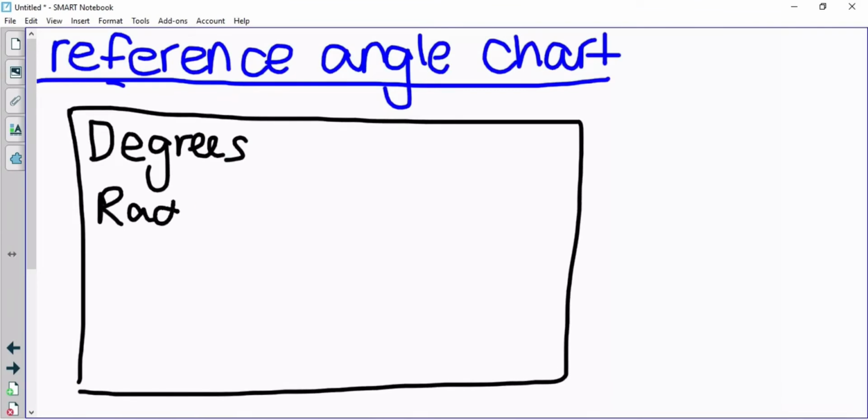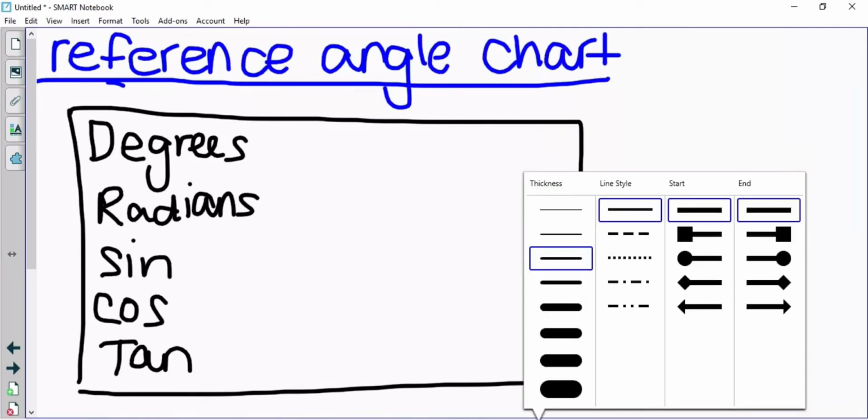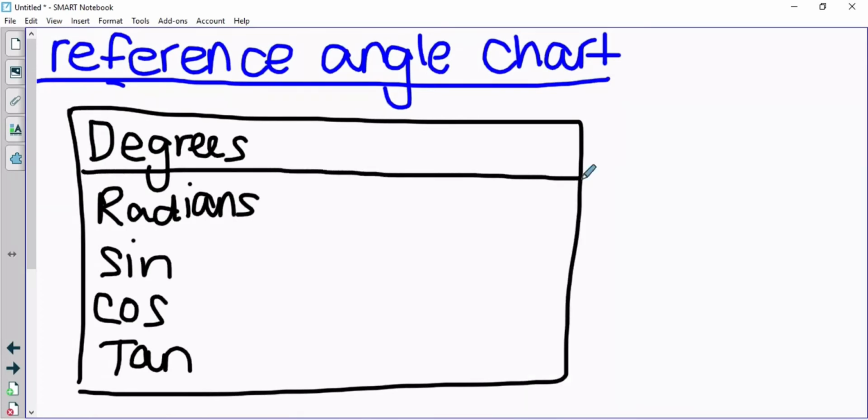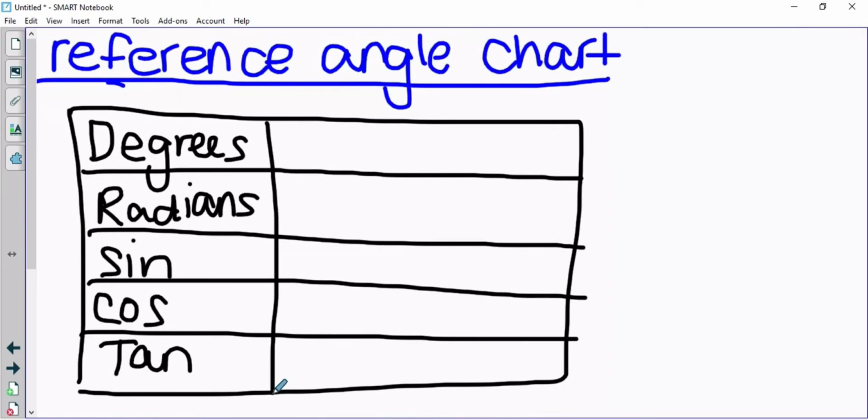Underneath there, I've got radians. And then I've got sine, cosine, and tan. I'm just going to set up my lines.